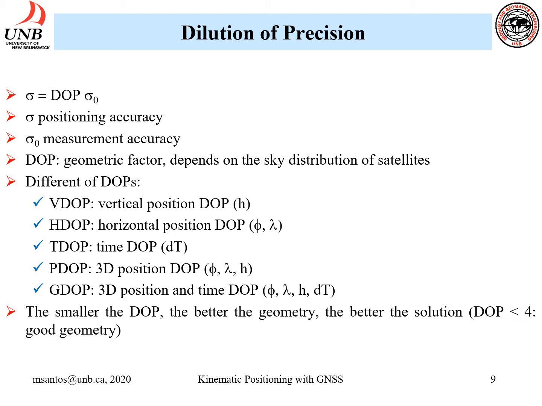For example, instead of being evenly distributed in the sky, the satellites will be grouped in a particular portion of the sky. Therefore, a larger DOP will be multiplied by the measurement accuracy, so the numerical value of the position accuracy will be larger, therefore indicating a lower accuracy.